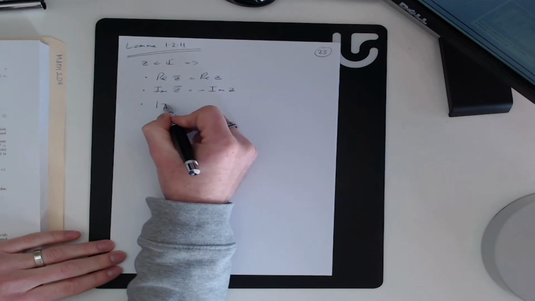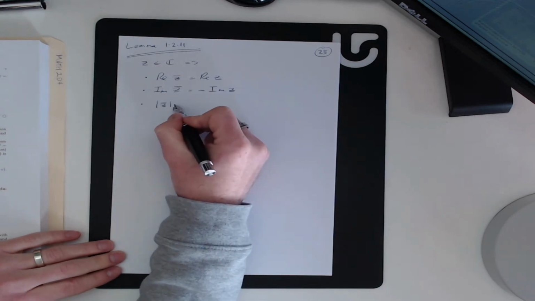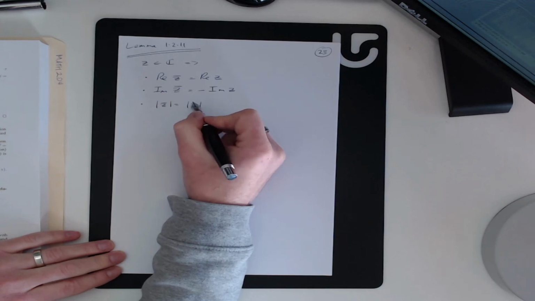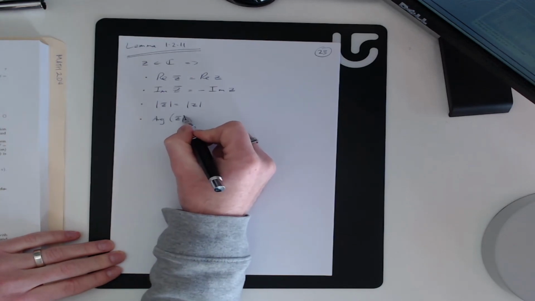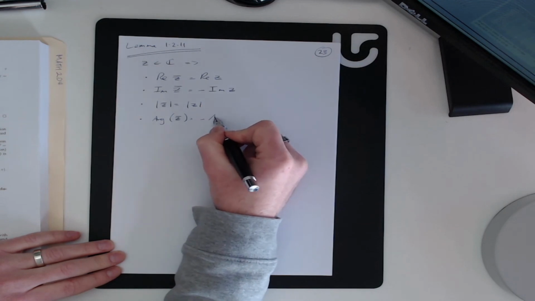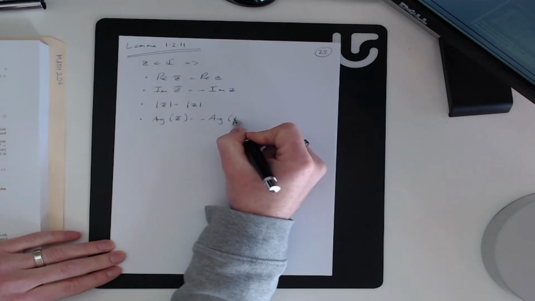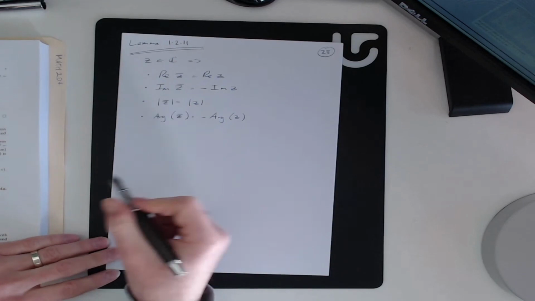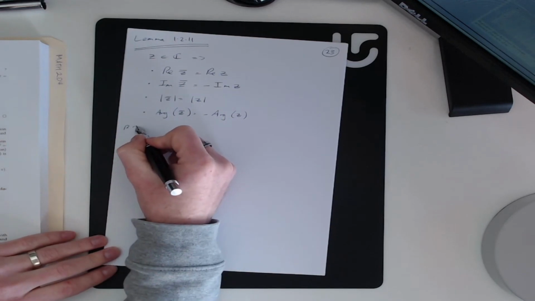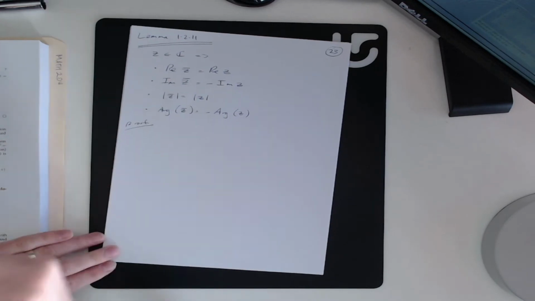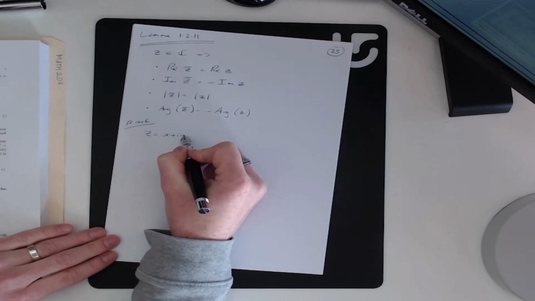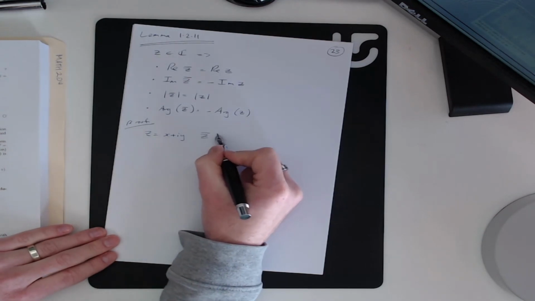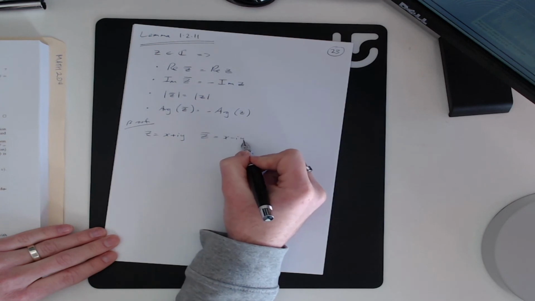We know that the modulus of the complex conjugate of z is equal to the modulus of z, and we know that the principal value of the complex conjugate of z is equal to minus the principal value of z itself. And we've already kind of proven this as we've gone through, but I'll do it again. z equals x plus iy. z bar equals x minus iy.